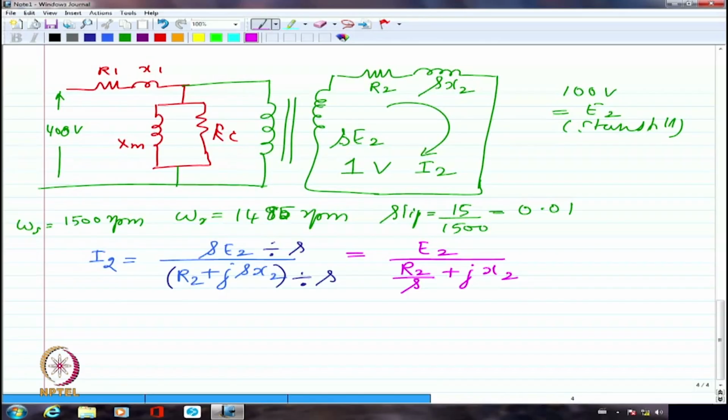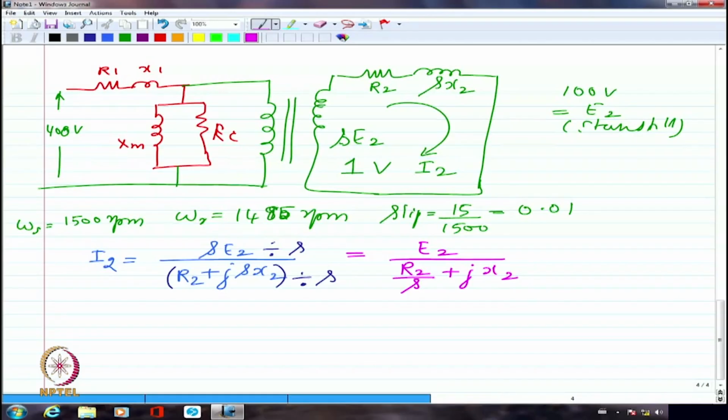So this talks about reduced frequency current, whereas this talks as though the magnitude is the same, but the frequency is F1. It's not F2 anymore. So a simple mathematical modification of dividing the numerator and denominator by S has modified the frequency. It looks as though it has modified the frequency.